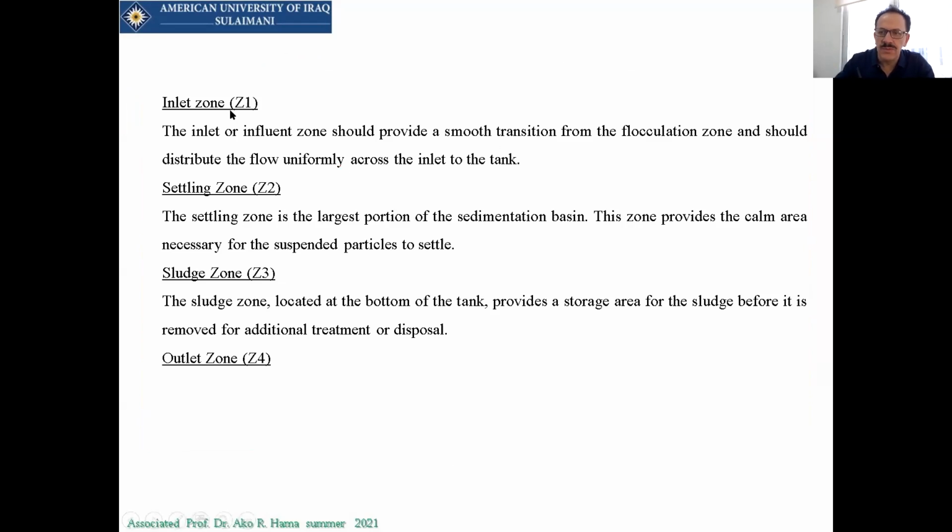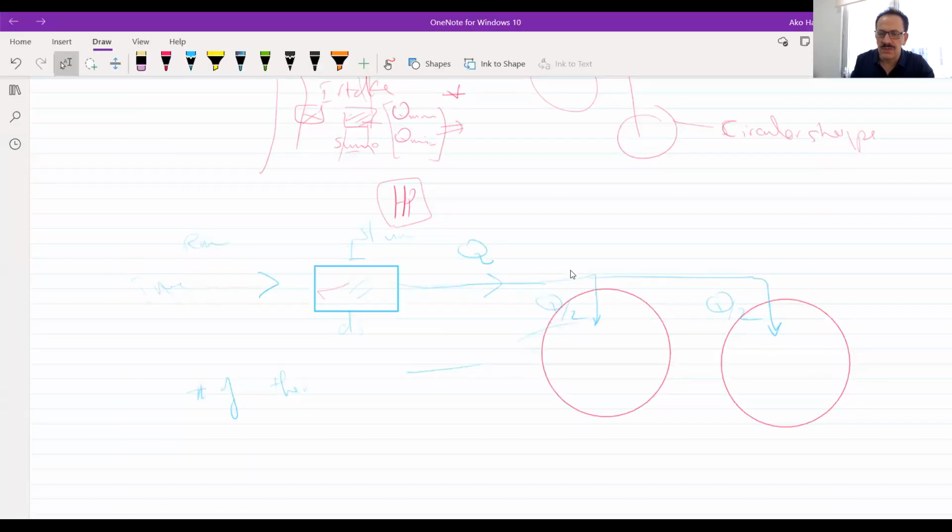Now back to the circular shapes. The top view of the tank will look like this. The water is coming here and will be uplifted.